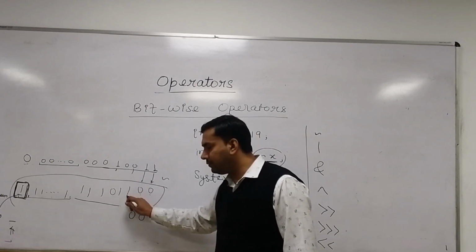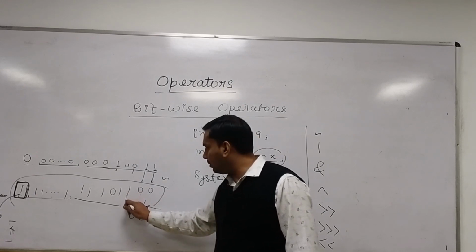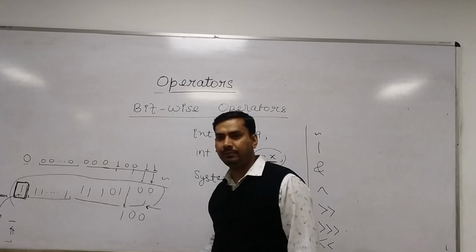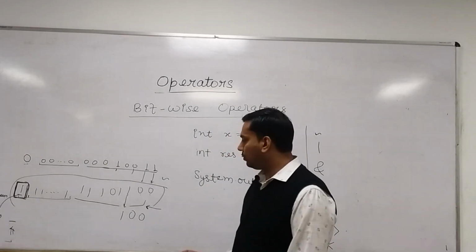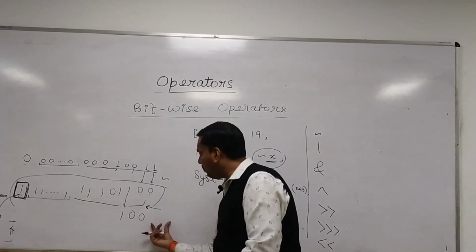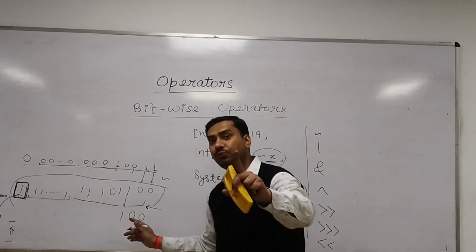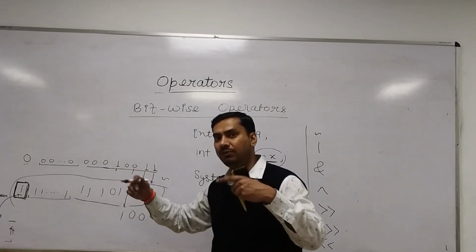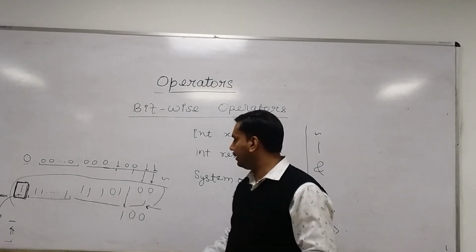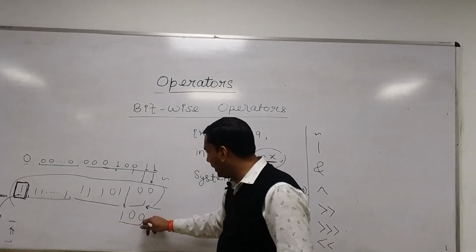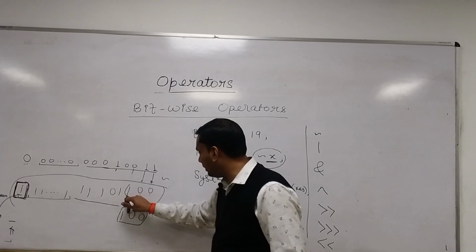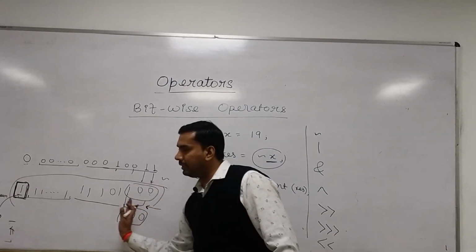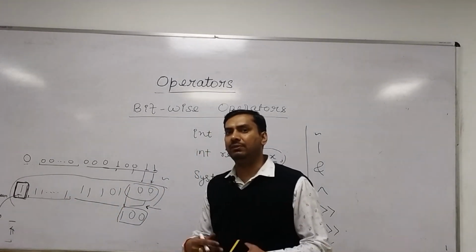As soon as you get the first one, it will also be copied as it is. So from right to left, copy the bits as they are up to the first one. After the first one, invert the bits, right? I got the first one, so I have copied it as it is up to this point, but now the rest of the bits on the left side will be inverted.